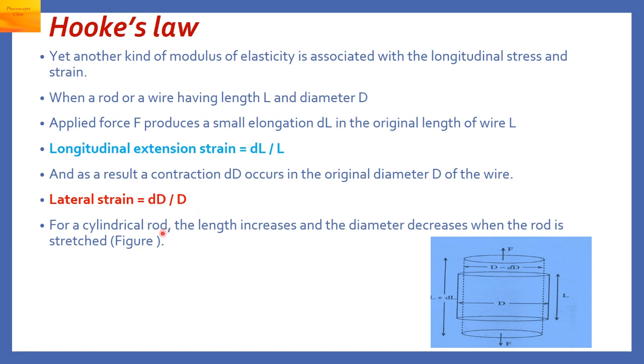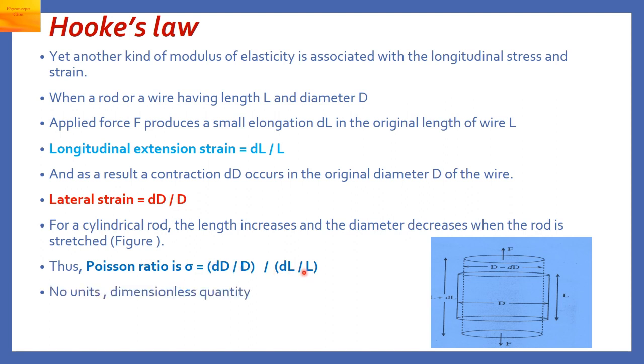So, for a cylindrical rod, the length increases and the diameter decreases when the rod is stretched. So, we will define a new quantity, that is Poisson's ratio, which we denote as sigma. It is the ratio of the lateral strain and the longitudinal extension strain. So, that is dd upon d divided by dl upon L. It has no units, it is a dimensionless quantity.